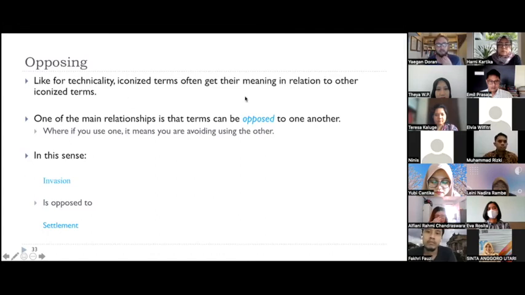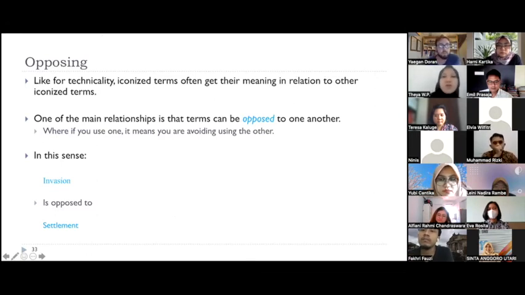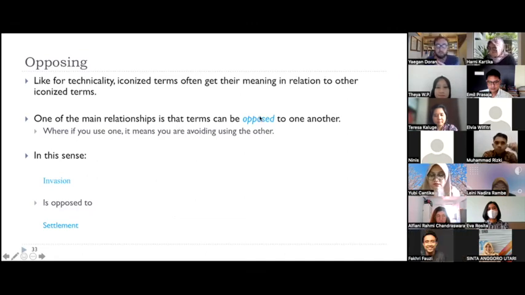Like for technicality, iconized terms often get their meaning in relation to other iconized terms. One of the main relations is that terms can be opposed to each other. So here I'm using opposed to mean one of the relations for iconization. What that means is when you use one, it is in opposition to another. You use one and it means that you are not using the other.